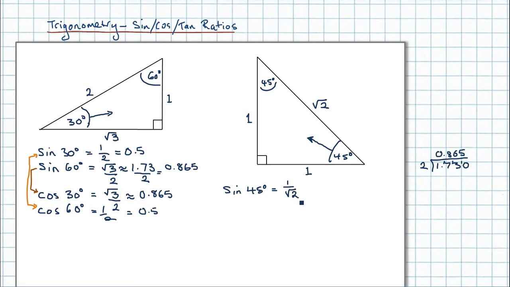Now usually we won't see it written like this. The convention is always to have your surds in the numerator at the top of the fraction, not at the bottom, and it's very easy to get rid of it, so we just convert this. And we convert it by rationalizing the denominator, which means multiplying by root 2 over root 2, which doesn't change the fraction, it just changes the way it's arranged.